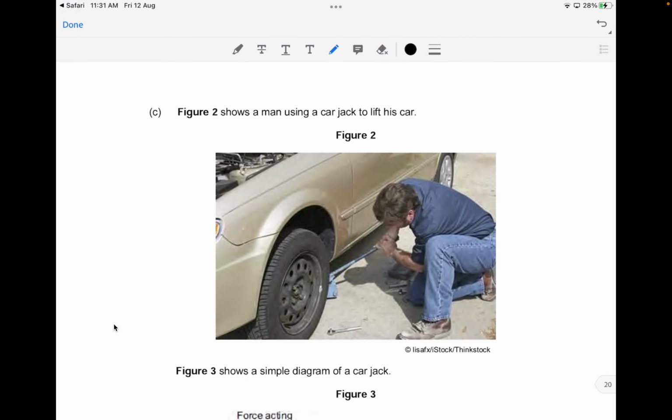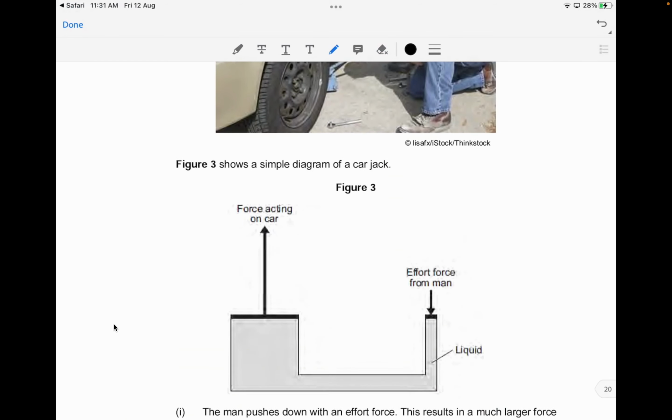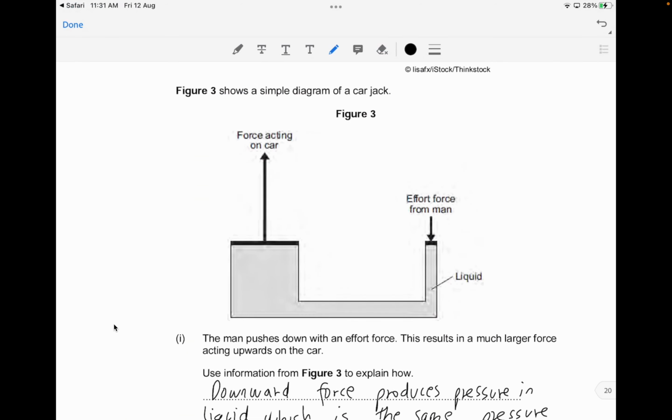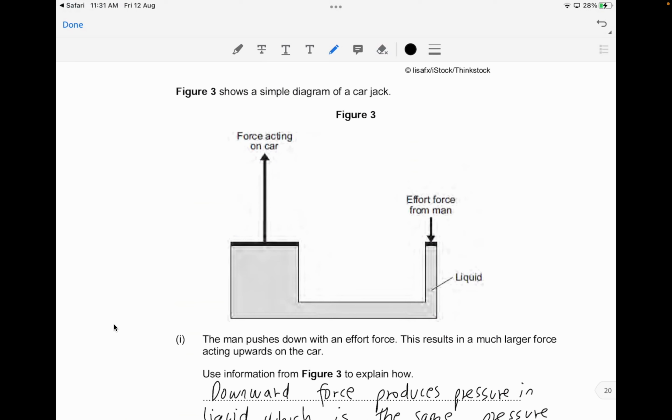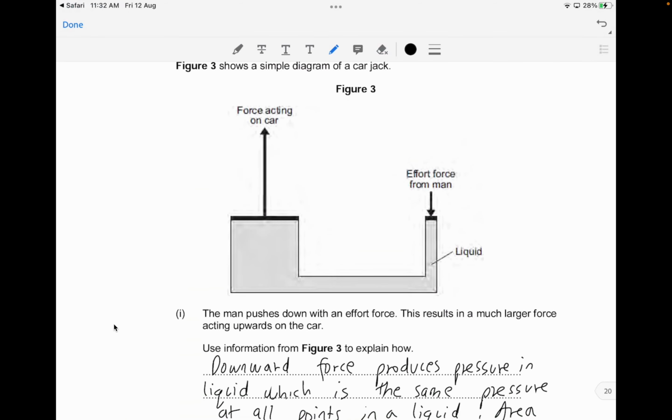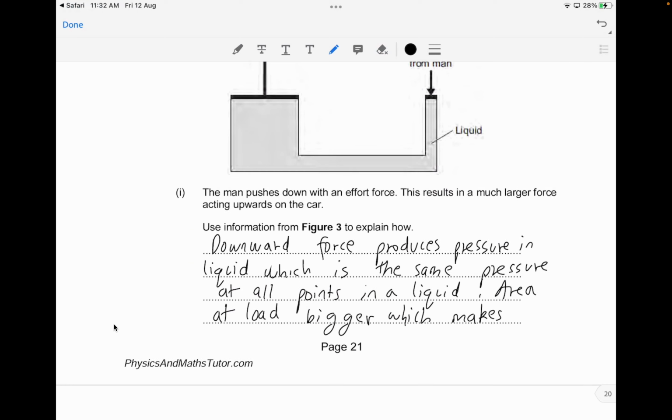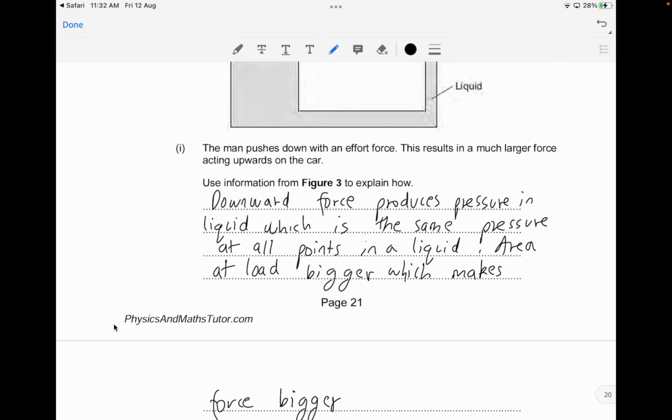You can see a man using a car jack to lift his car, and you can see that the man pushes with an effort force that results in a much larger force acting upwards on the car. Use the information from figure 3 to explain how. All right, so the downward force produces pressure in the liquid, which is the same pressure at all points in the liquid.